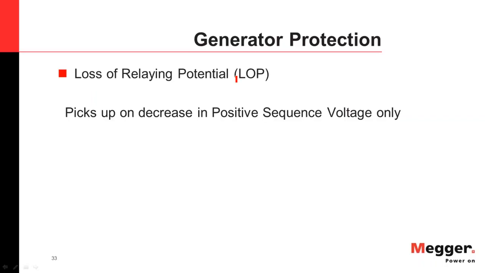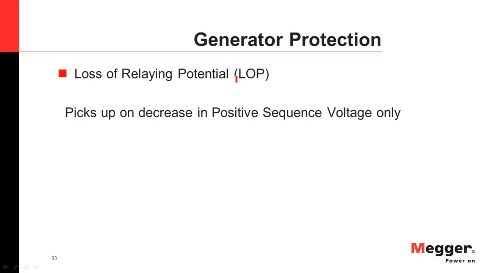Now, why is it doing the blocking? Some functions block, some trip, depending on manufacturers. I'm taking an example of blocking of those functions. The reason behind it is that I don't want a false trip for a blowing of fuses in the PT secondary.